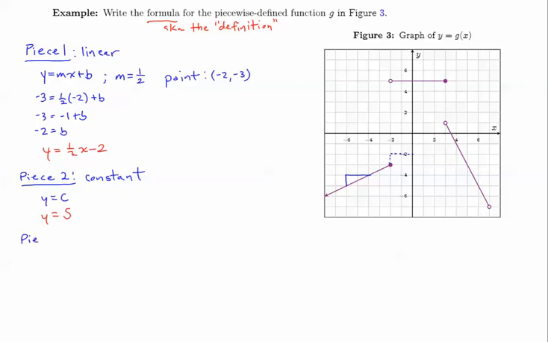For our third piece, this one we noted was linear again. And so we're looking again to read the slope off of the graph and then to find the value of b. So if we come over here, we can see that this slope should be, go up to the left one, that makes the slope -2.